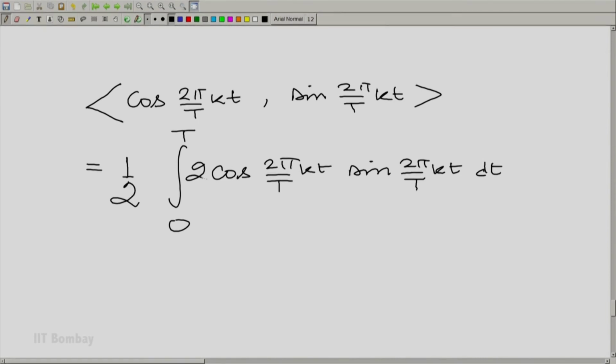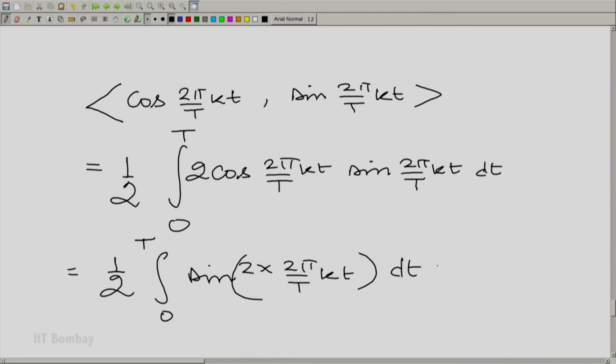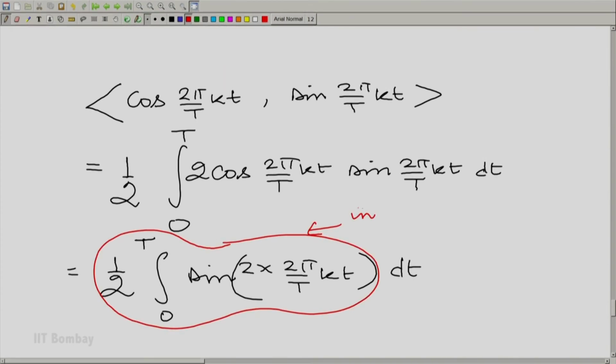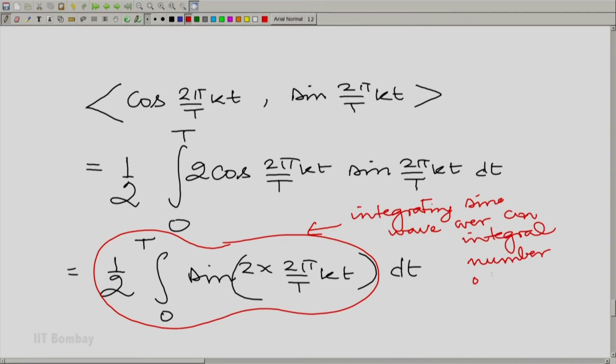Now, all that I need to do is notice that I can put a half outside and a 2 inside, and this is simply the integral of a sinusoid over a finite number of complete cycles. So, here again we can use the same argument. We are integrating this sinusoid over an integral number of cycles, and so the integral has to be 0, and therefore the cosine and sine components at that frequency are also perpendicular to one another.